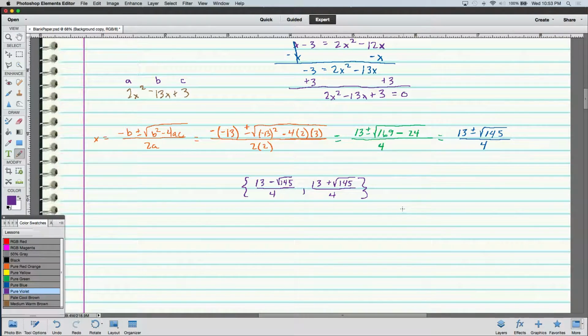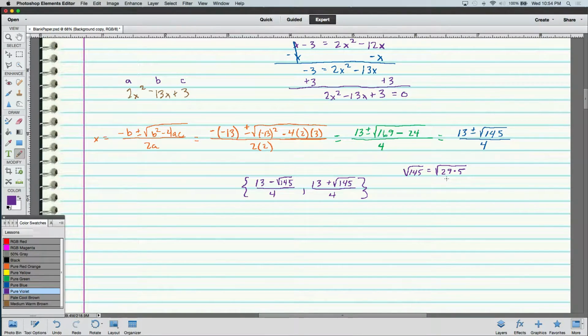Now you might ask, can we reduce that 145, or the square root of 145, I should say? Well, in order to tell whether or not you can reduce that square root of 145, just break it down. The square root of 145, we know that 5 will divide into this evenly. So that is the same thing as 29 times 5.